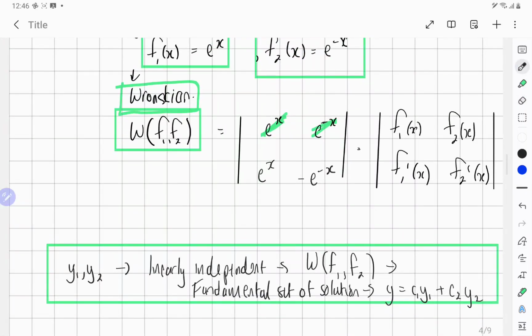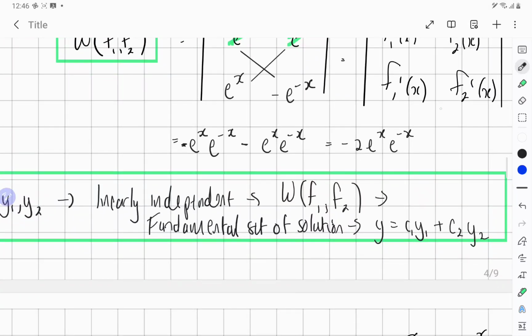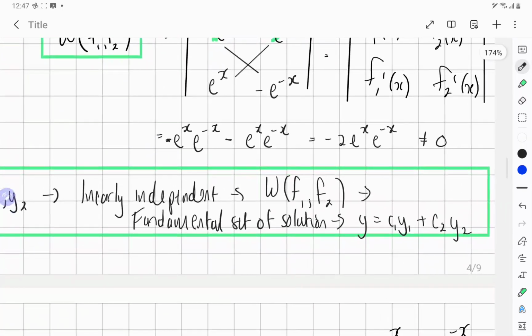Now I'm going to do the determinant, which is e to the x times negative e to the negative x, and then I cross over and say minus e to the negative x times e to the x, which is now negative 2 e to the x times e to the negative x, and that cannot be 0 for all x in an interval.